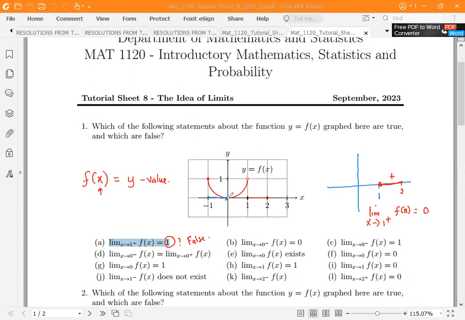The value of y is coming down all the way to 0 as well. It's coming down via this line. So it's slowly getting to 0. Until if you continue going at 0, it's actually 0. So this one we have proved it. It is true. The limit as x approaches 0 from left is 0.